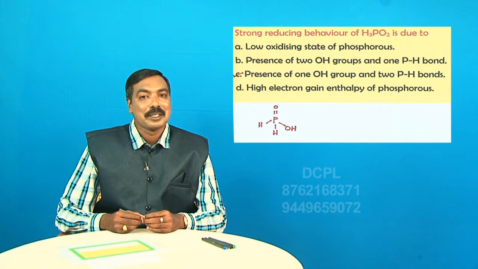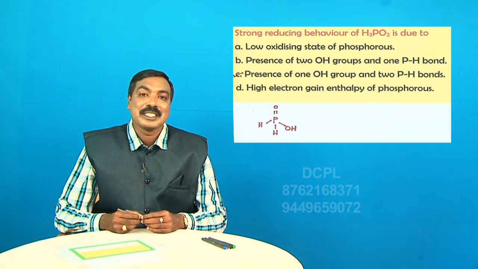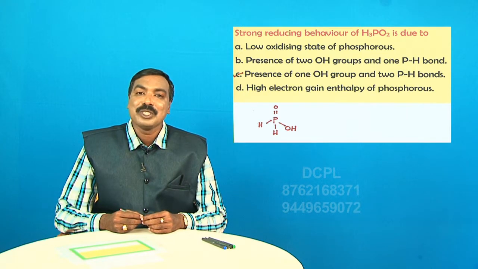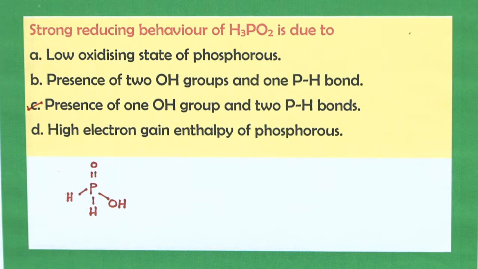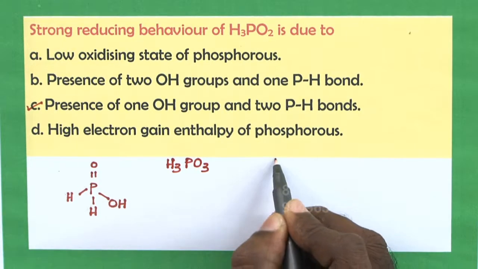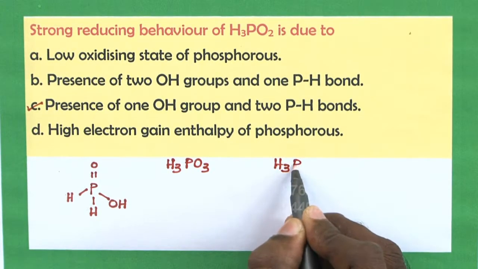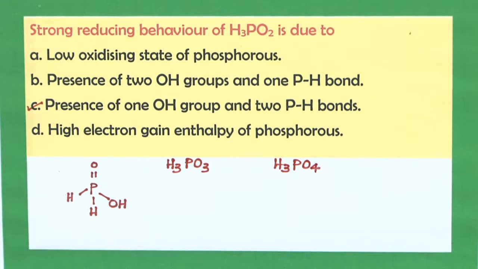Continuing in the same line, by chance if the question is asked, compare the reducing nature of H3PO2 with H3PO3 or with H3PO4, there is another concept here that you need to get.